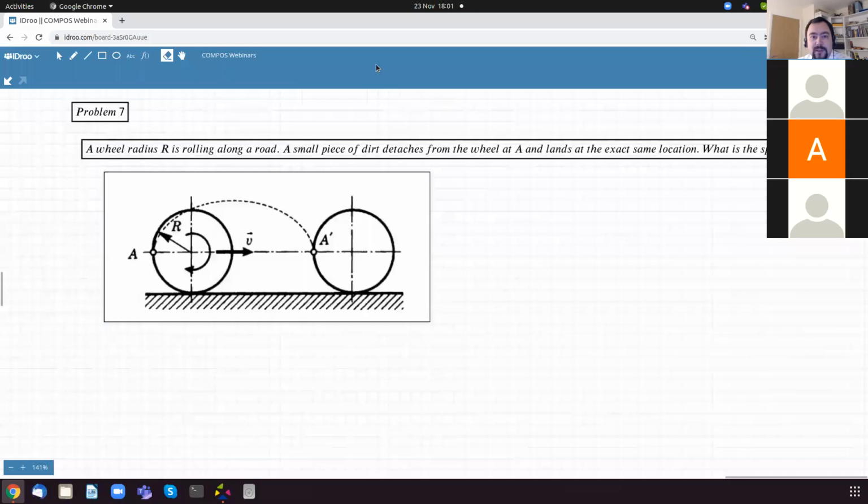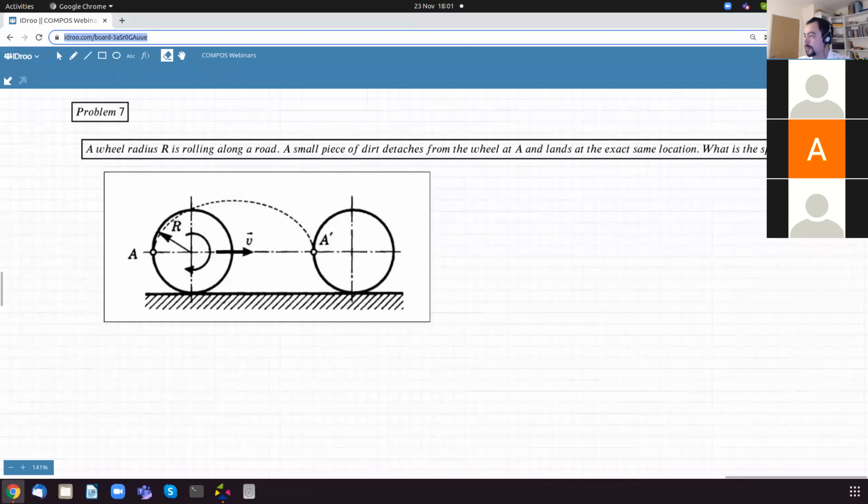So kinematics. Kinematics is a very interesting part of mechanics. Basically, it's a part of physics and a part of maths at the same time. I'll share my screen as usual, and I will share the link with you as well.